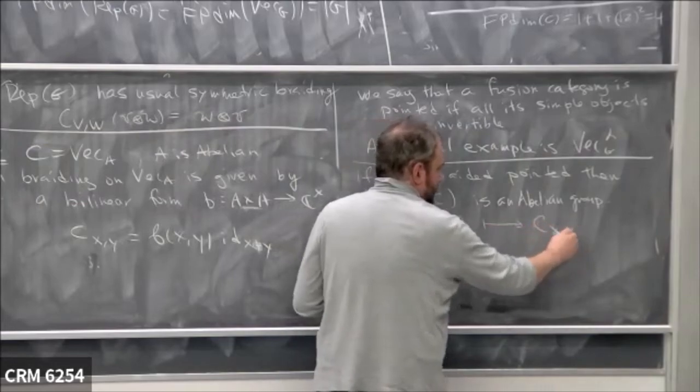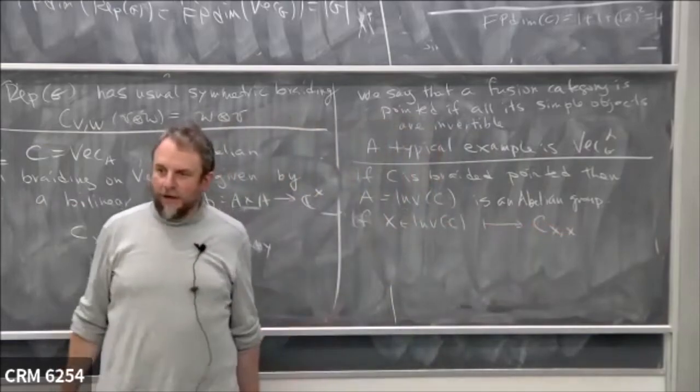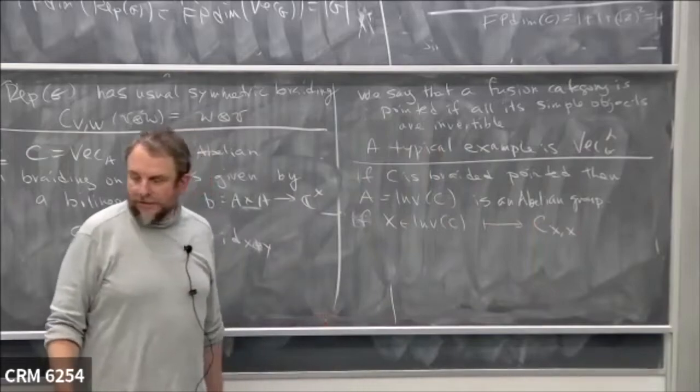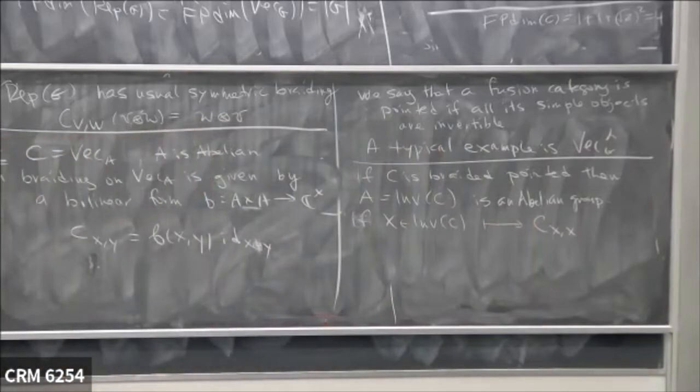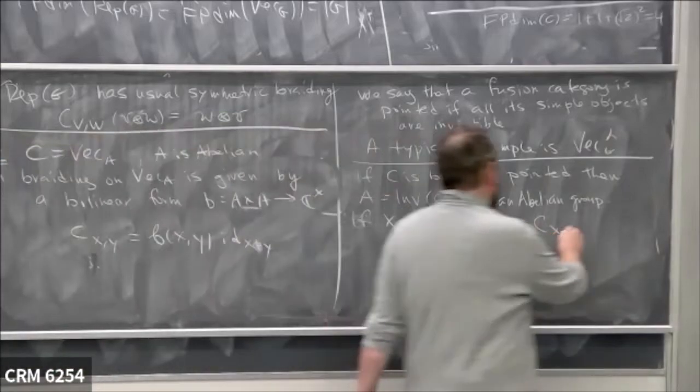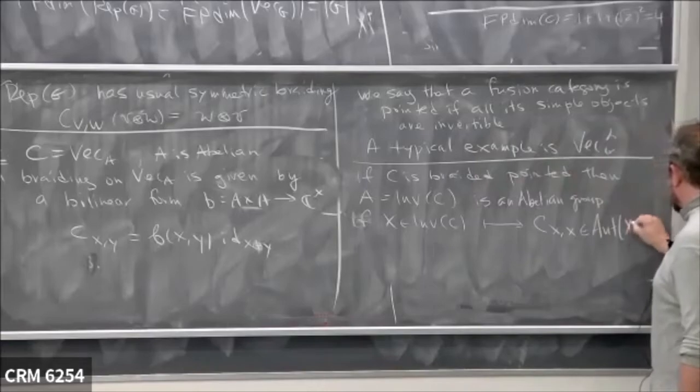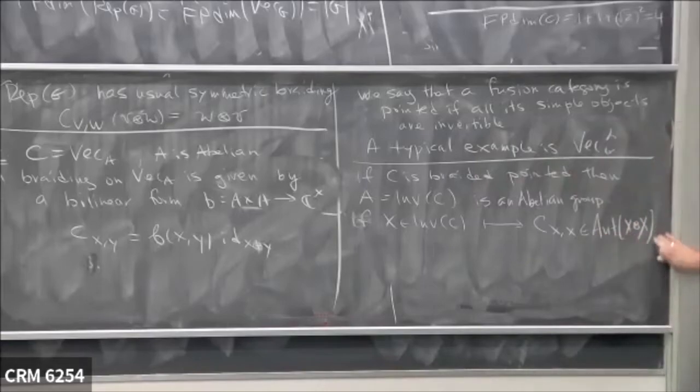So we can permute this object with itself, right? So braiding is from X tensor Y to Y tensor X. This would be from X tensor X to itself. So this would be an automorphism of X tensor X, which is again a simple object. So this is an element of the multiplicative group of complex numbers.